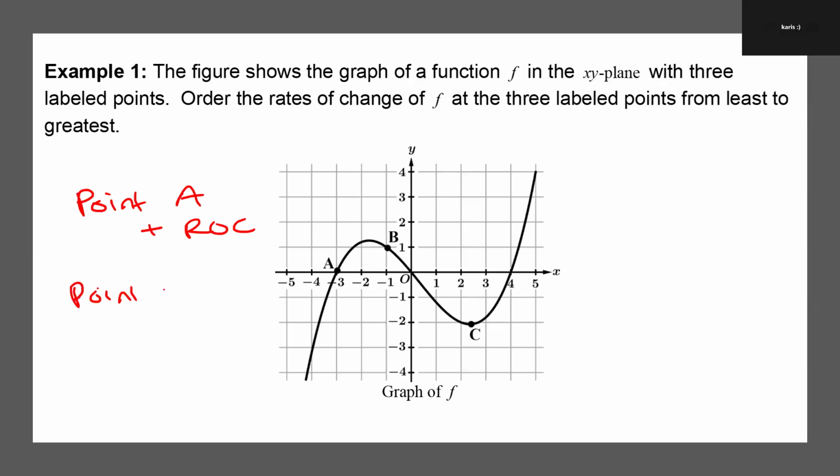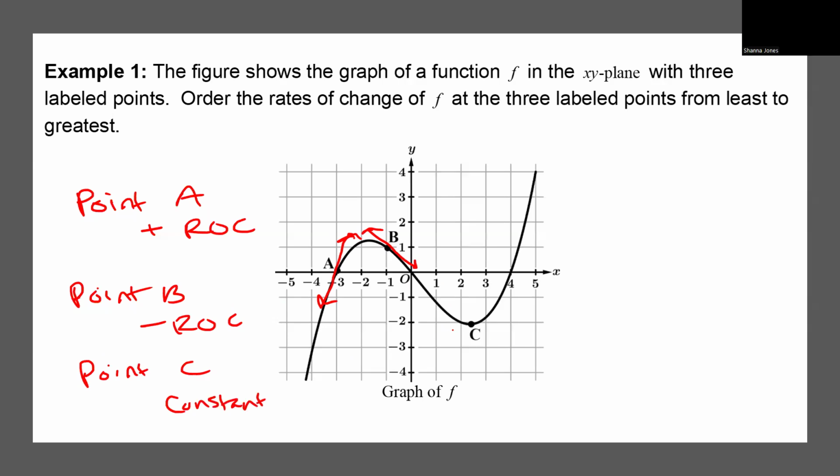At point B, if you drew your line, what did it have? It had a negative rate of change. Negative, because we read our graphs from left to right. And then at point C, what do we have? We have a constant. And why is it constant? Because it's not doing anything. It would make a horizontal line, right?